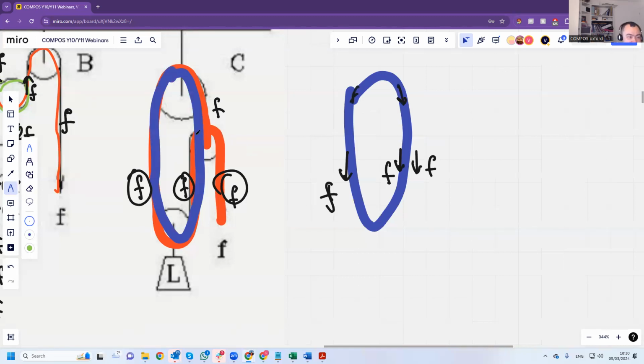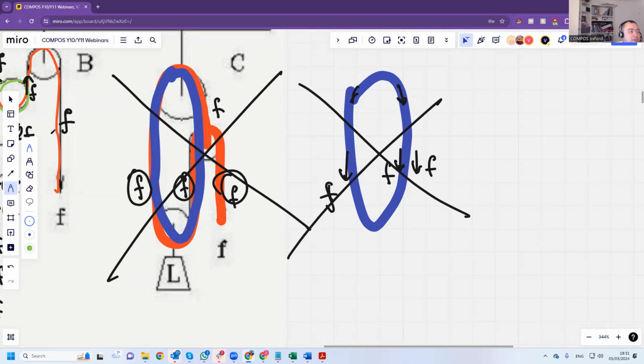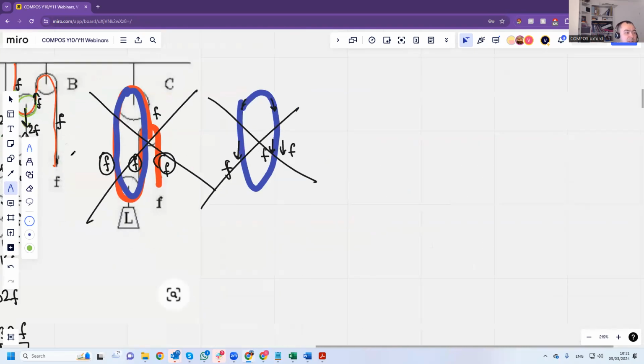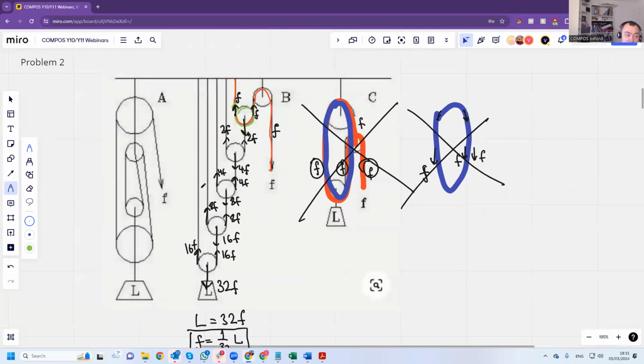So this pulley will fall down until it hits the mass, and only then will it be able to lift. But then the distribution of the forces would be completely wrong. So that's a bad question. Don't consider that. The system will not work.